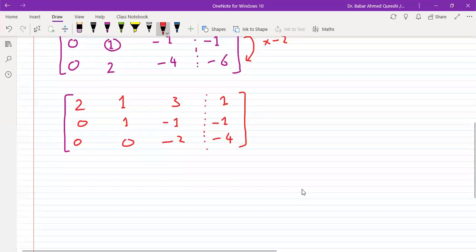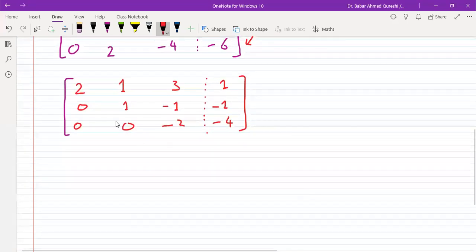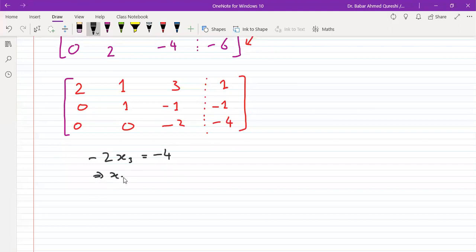So at this point, I have got a triangular system. So I can do the back substitutions now. The last equation gives me -2x3 equals -4, which implies x3 is 2.